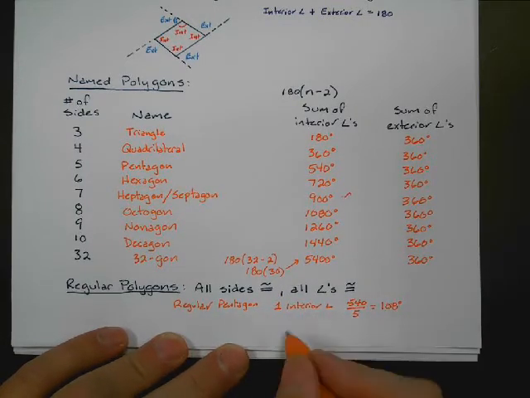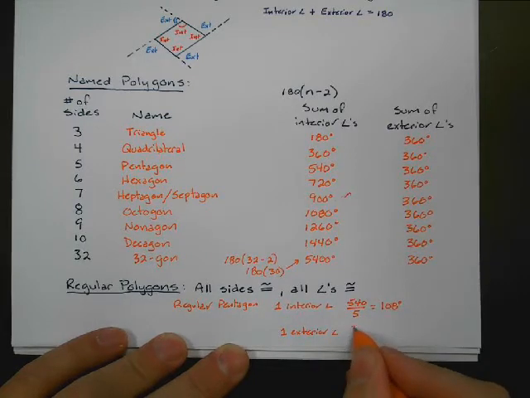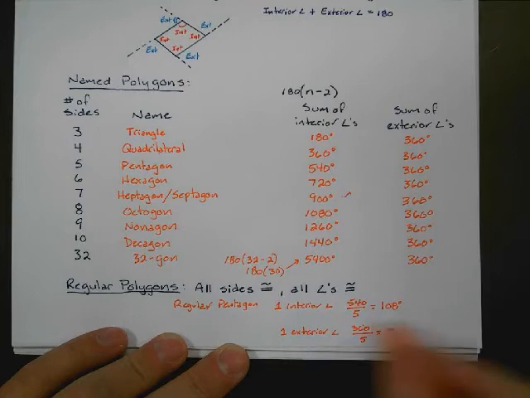For the exterior angles, if I only wanted one exterior angle, I'd take 360, because that's the sum of the exterior angles, and then I'd divide by 5. So for the exterior angle, 5 goes into 36 7 times with 1 left over. And then we get 5 goes into 10 2 times.